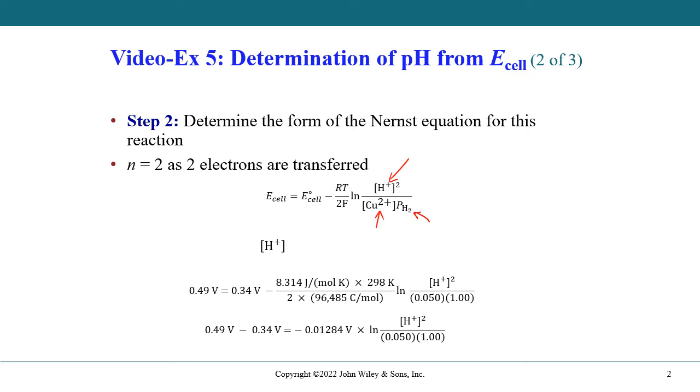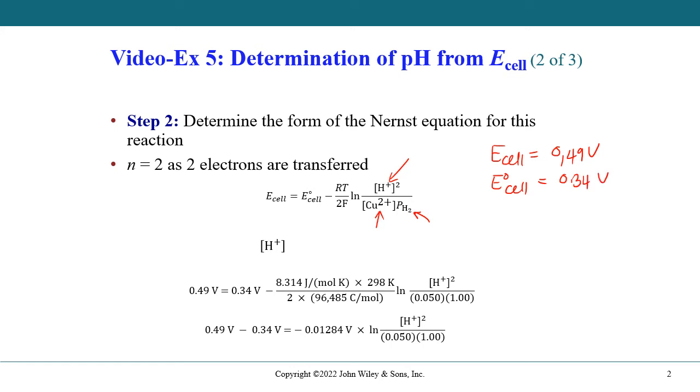We were given some information in that regard in terms of the concentrations, so we can then put in what we know. We know the E cell is given at 0.49. The E cell standard is 0.34.